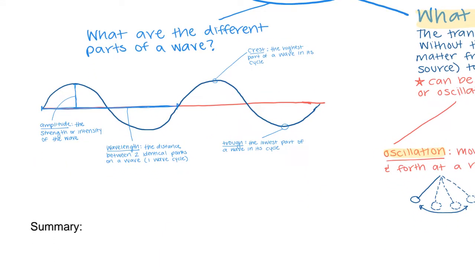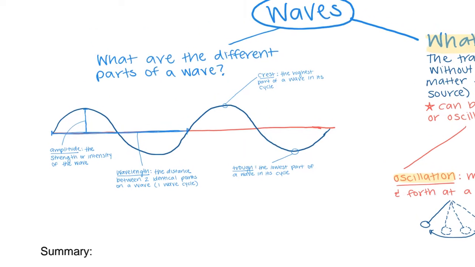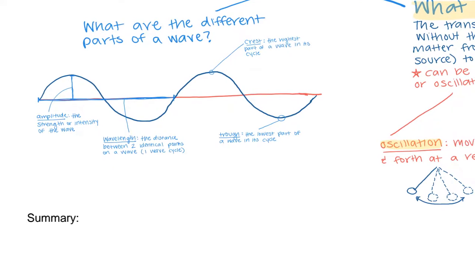All right, so now let's break it down and talk about the different parts of a wave. What I have drawn for you is a standard transverse wave. And with this transverse wave, I've drawn this red line to mark the middle of the wave. I want you to kind of think of this red line as ground zero. The wave travels above zero and then below zero along this path.